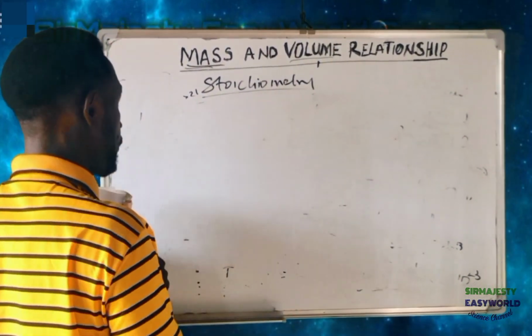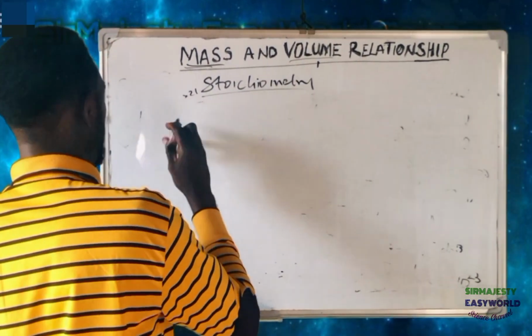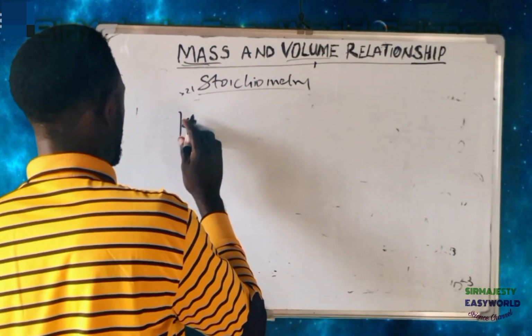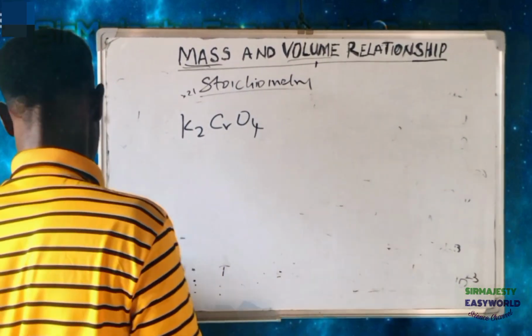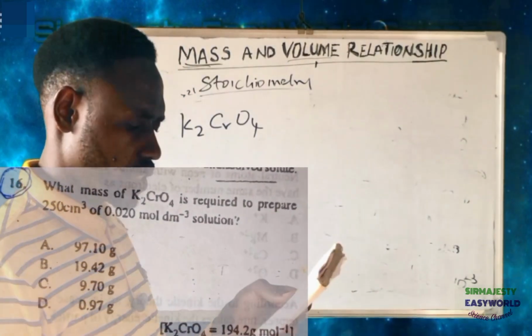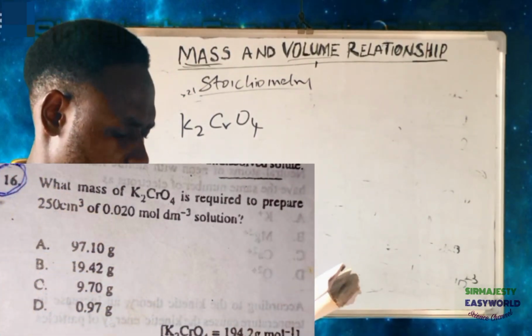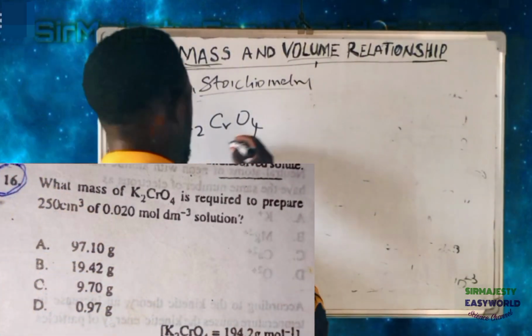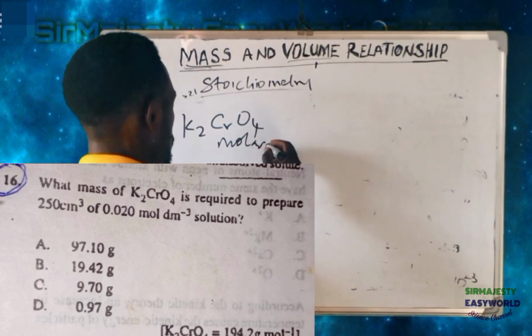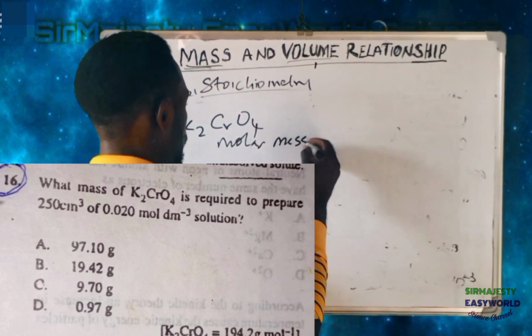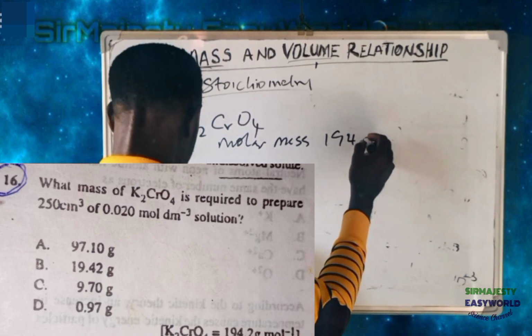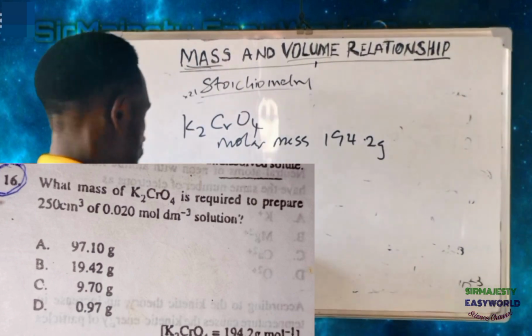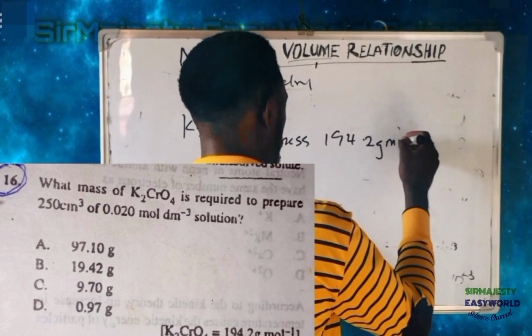If we have K2CrO4, this is 1 mole, and the mass of 1 mole of any substance is automatically the molar mass. The molar mass is 194.2 grams, as you can see there on the screen, per mole.